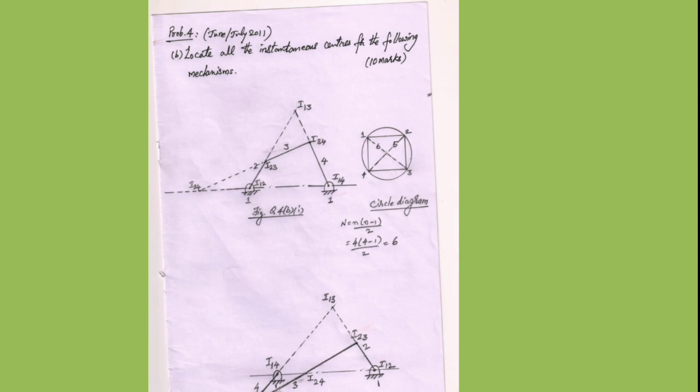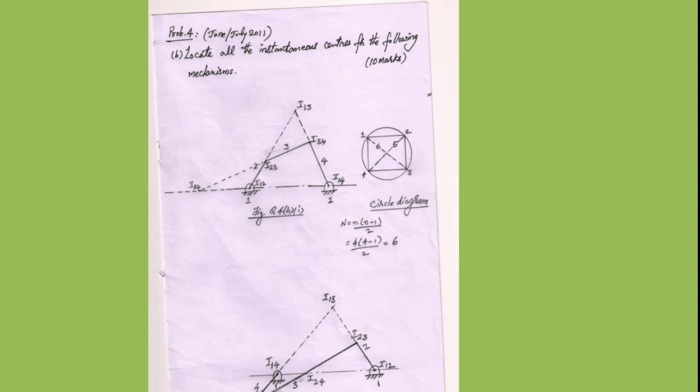Again you will get I24. That means extend the line joining I12 and I14 to the left side, and extend I23 and I34 downwards. Then the meeting point is I24, the instantaneous center of link 2 with respect to 4. These are neither permanent nor fixed instantaneous centers.